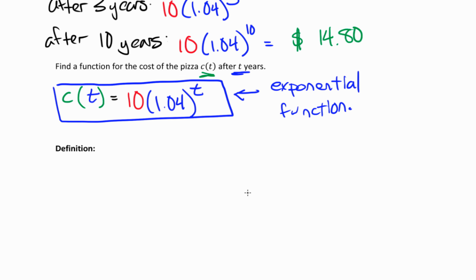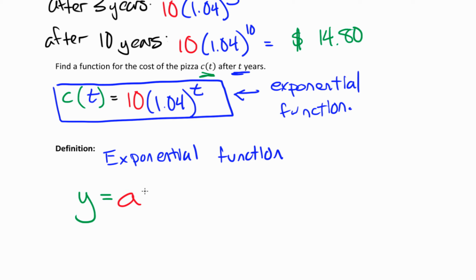I'm going to give you a definition here. This is, in general, an exponential function, where I have an output, let's call it y, equals a times b raised to the power of t. Now, a is my starting value.